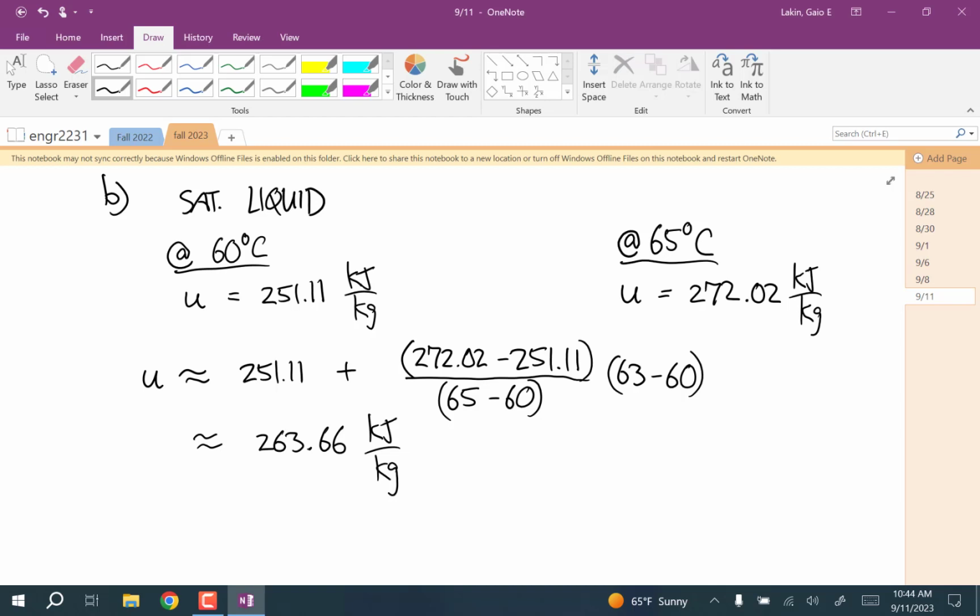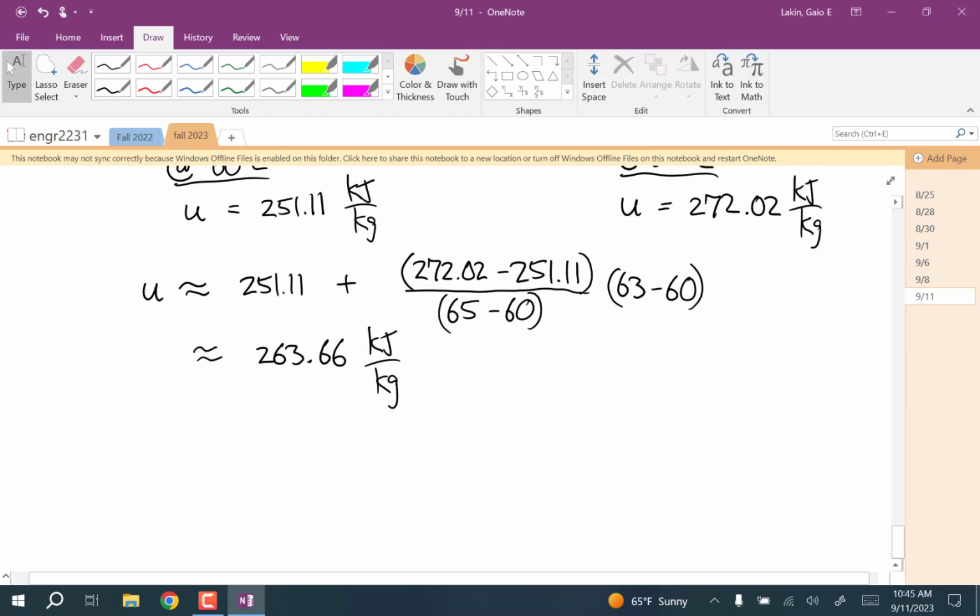Anybody have any questions about that? Okay, well, I have a couple of problems I can give you using the table on these, and then next time we'll get into two-dimensional linear interpolation.